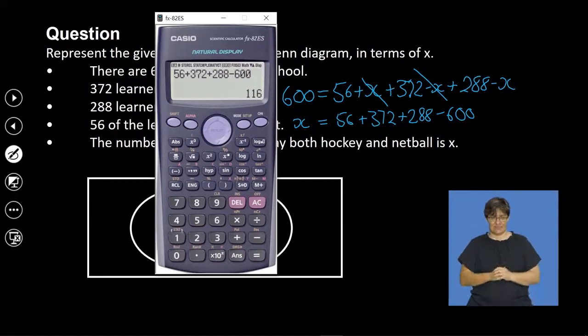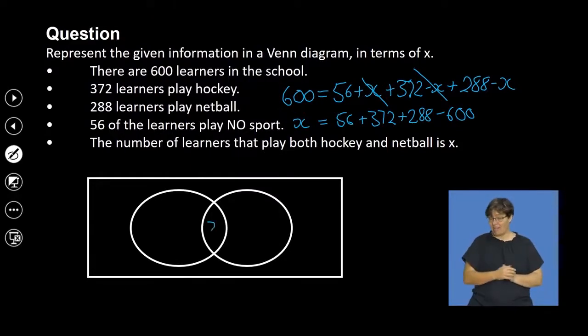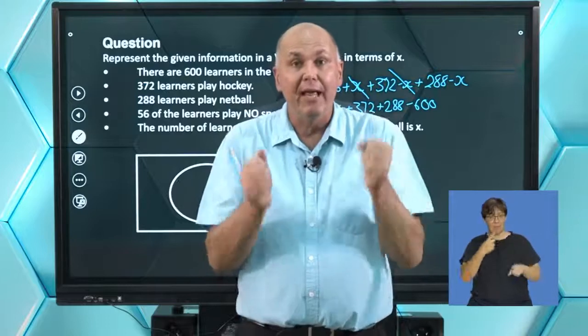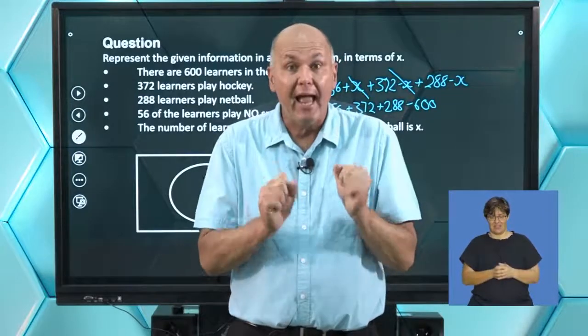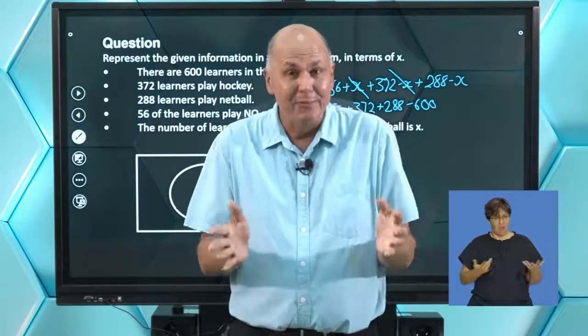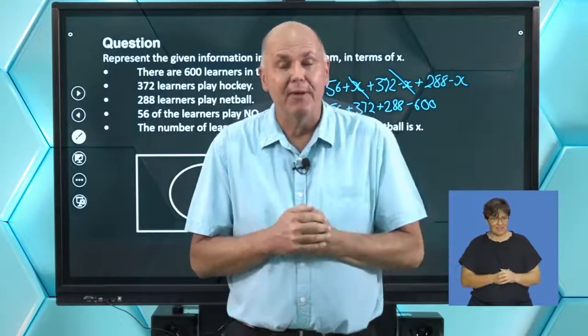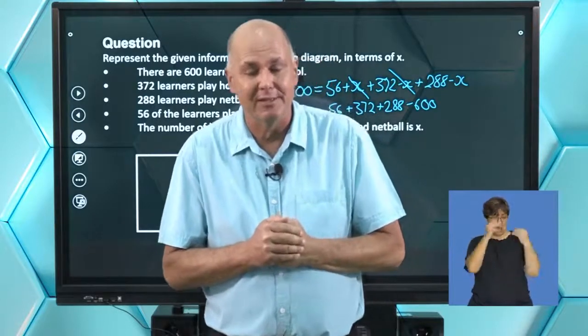So we know now that x sitting over here in the intersection is 116. That tells us that there are 116 learners that play both basketball and hockey. Isn't that cool? Very good participation from those learners at Zama High School.